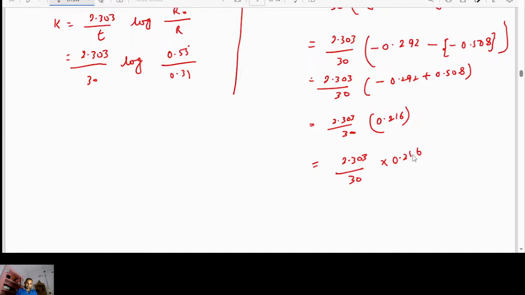If you are dividing by 30, the answer which we are supposed to receive is 0.165, that is, you can write 1.6 into 10 power minus 2. Since it is first order, student, the first order rate constant unit is second inverse. So this is absolutely correct, student, when you are seeing the answers.